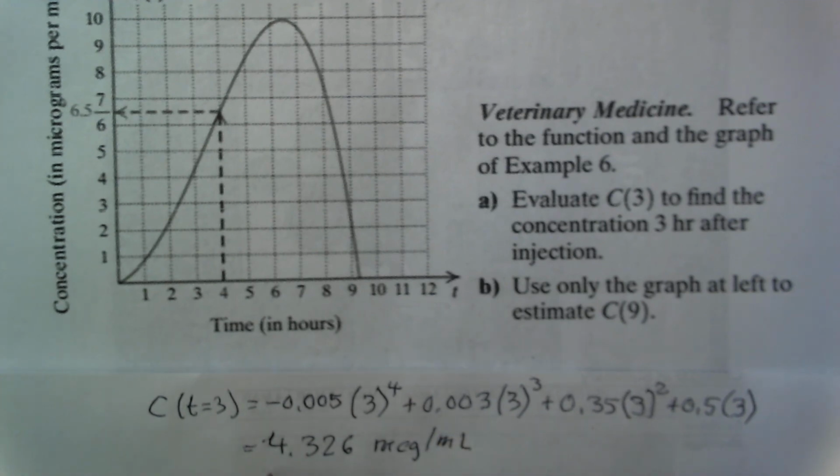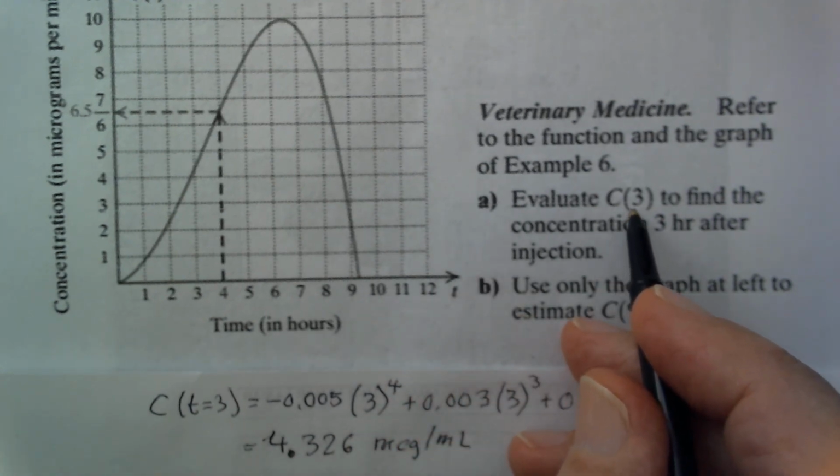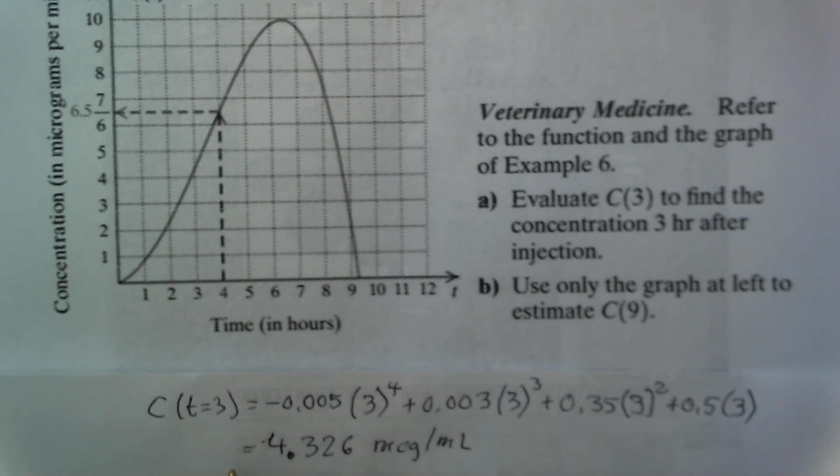So that would be the concentration after 3 hours. And that would be the A part, evaluate C of 3, C when t equals 3. And so I just want you to understand how that works.